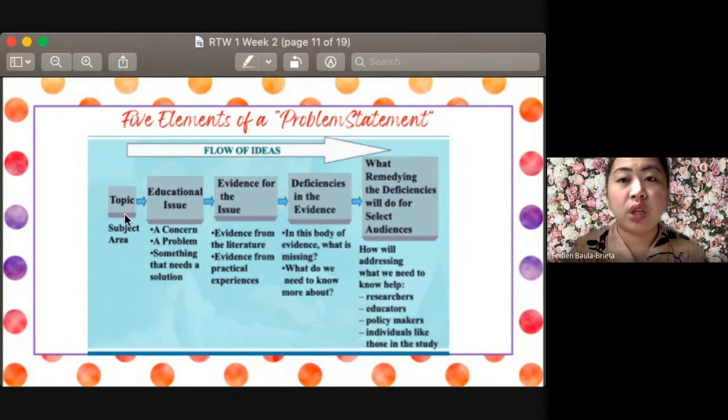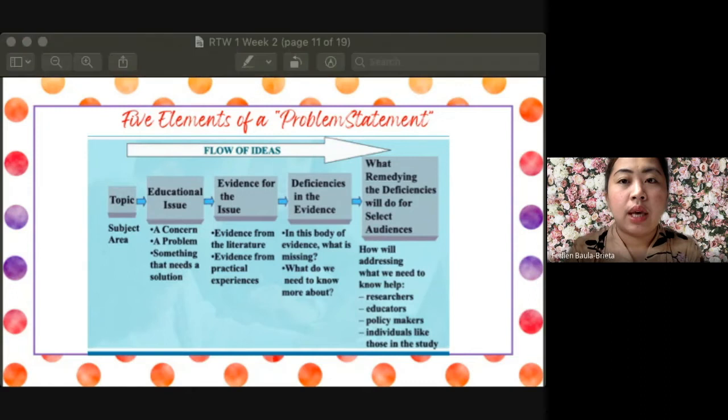So from the general topic, you can identify educational issue, the concern, the problem, what are the things that need to have solution. And then you gather evidence about these issues. So the evidences are from literature. So you should not be empty-handed when crafting these things.